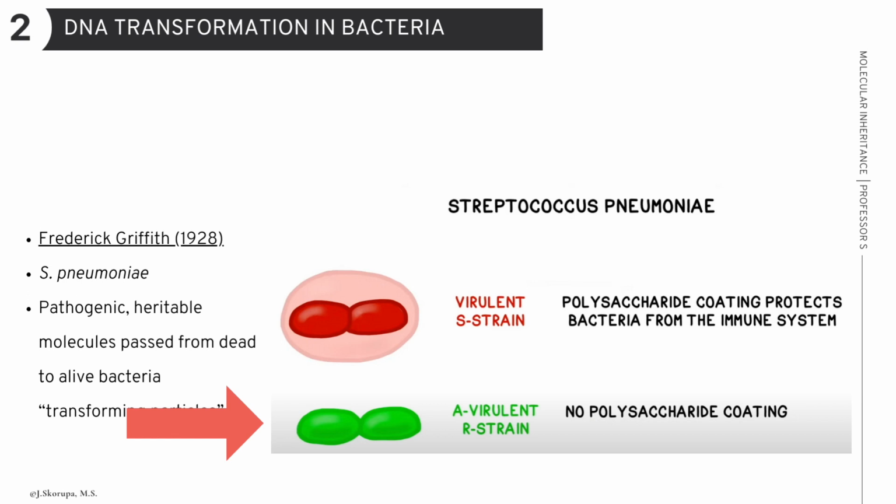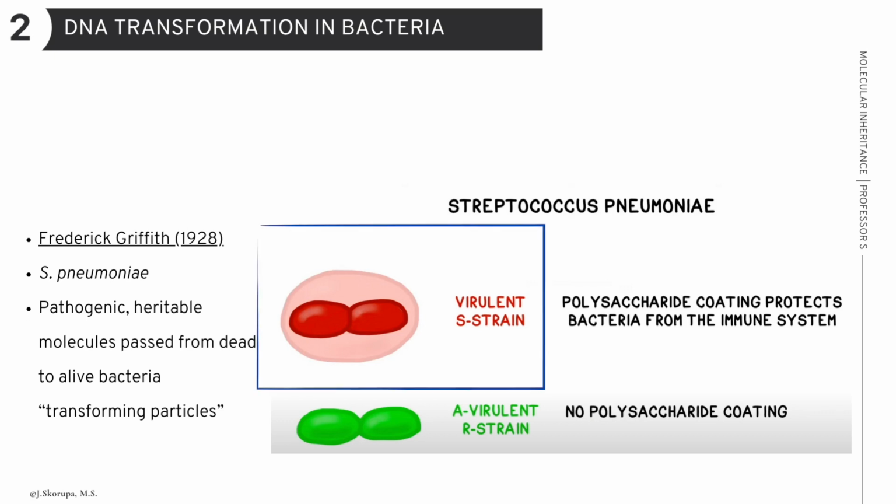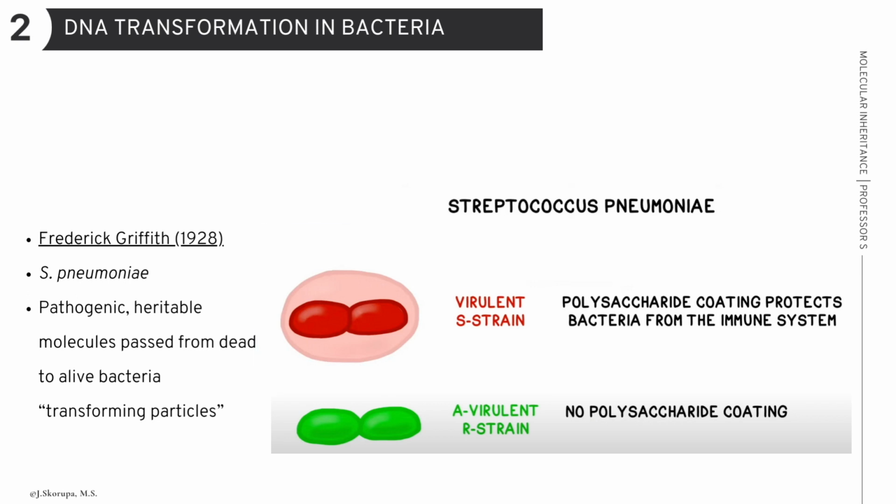Have a look at the graph. Notice that the virulent pathogenic red strain has a polysaccharide coating that protects it from its environment, or in this case, from an immune system attacking it. Meanwhile, the green non-pathogenic strain does not have this protective coat, so an immune system can attack and prevent this bacteria from causing sickness.